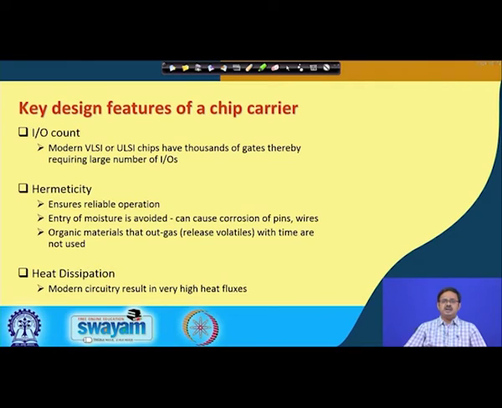Moisture is a very big enemy of electronic circuits. So, it has to be sealed and protected from these extraneous or environmental factors to ensure reliable operation, so that moisture does not get in and corrode the pins and wires. Otherwise, your circuit will be gone.